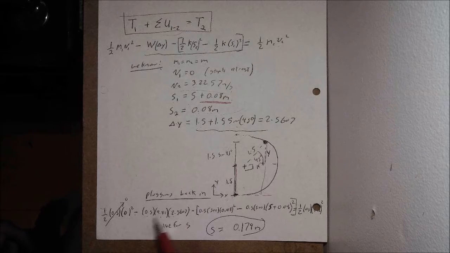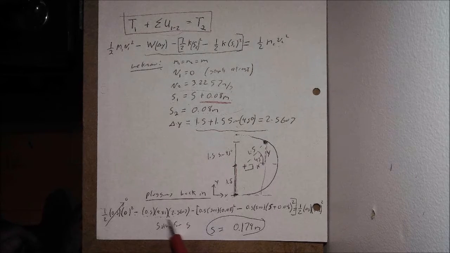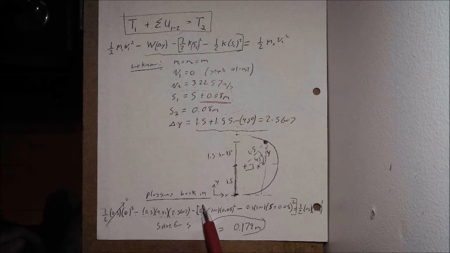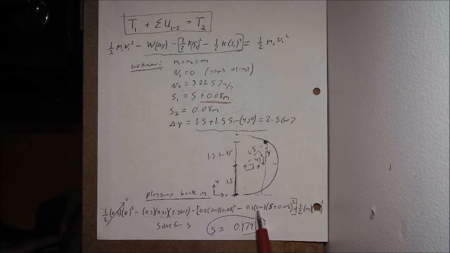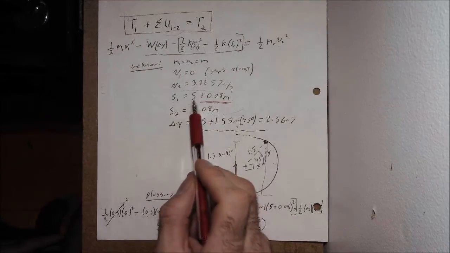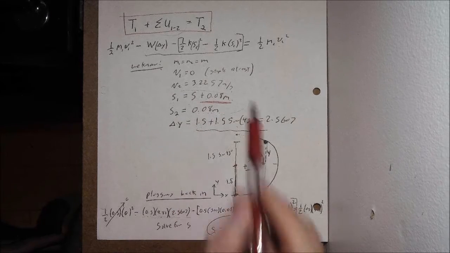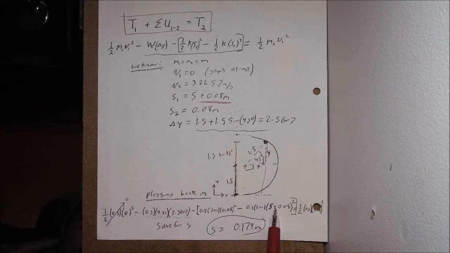We just solved for our delta y. We know our mass is 0.5 kilograms. Acceleration due to gravity is 9.81 meters per second squared. So we can plug in numeric values for all that. Then we go up to 1/2 k s2 squared, where our k is given to us as 500. There's our 1/2, and there's our s2 from the problem statement, 0.08 meters, minus 1/2 k s1 squared, where s1 is s plus this 0.08. So we can plug that value in there.